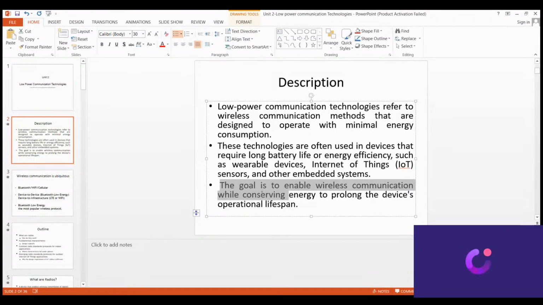The goal is basically to enable wireless communication while conserving energy to prolong the device operation lifespan. So as much as these devices are being put there, the whole idea is that we want to ensure that this wireless communication is ongoing.